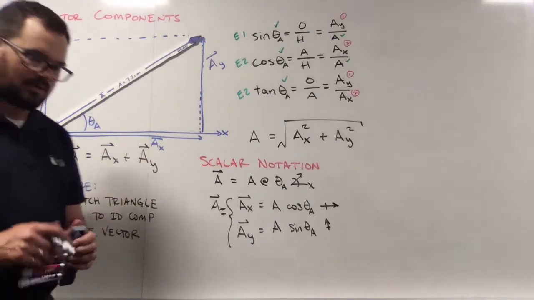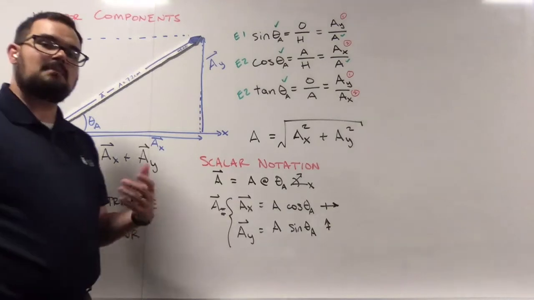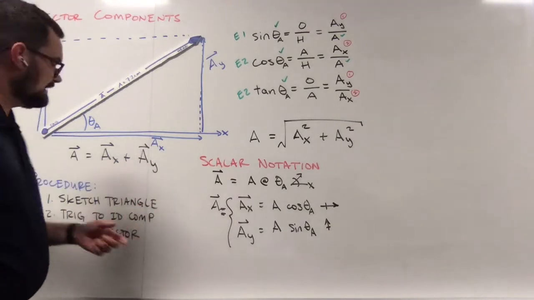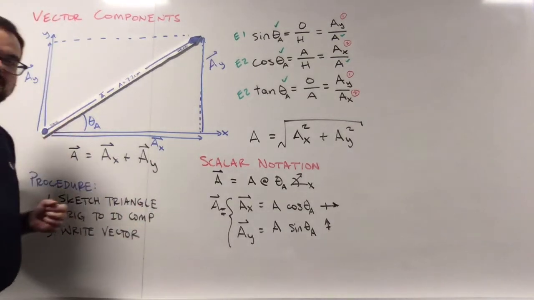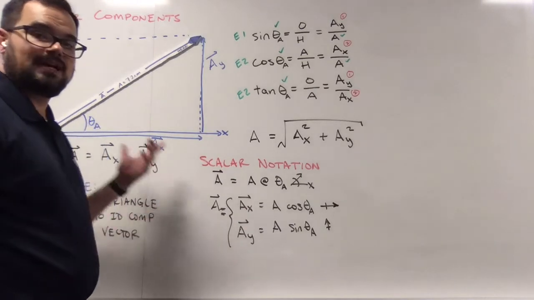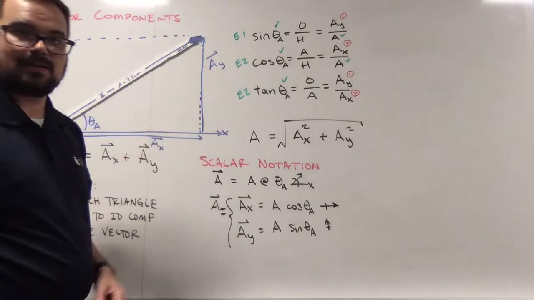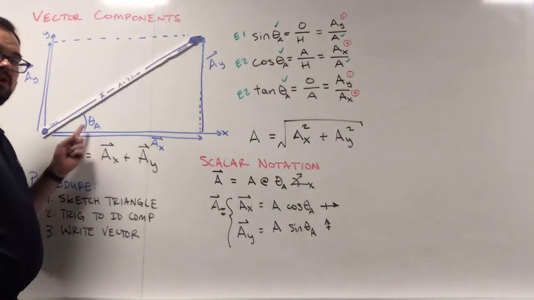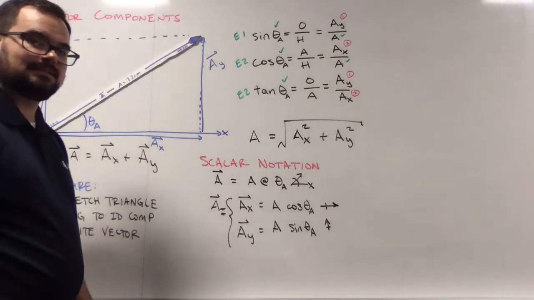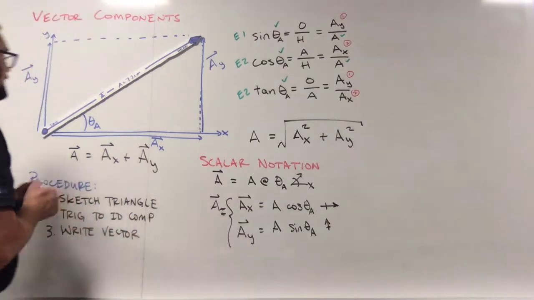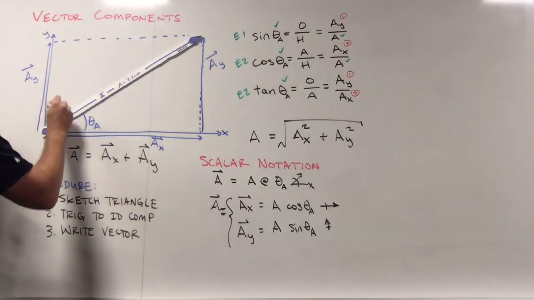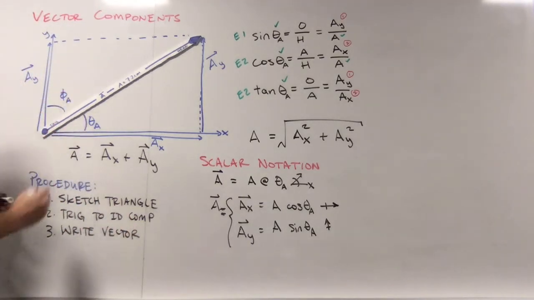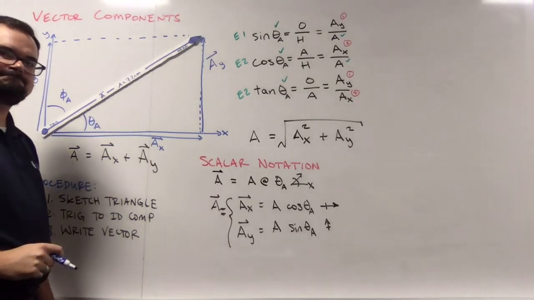Now, I want to draw one important thing to your attention. Some of you might have been taught in your math class that when we have our angle from the x-axis, we can always use cosine to find the x component and sine to find the y component. And that is true when our angle is drawn positive from the x-axis. But what would happen if instead of giving you theta A, I gave you this angle, phi A?